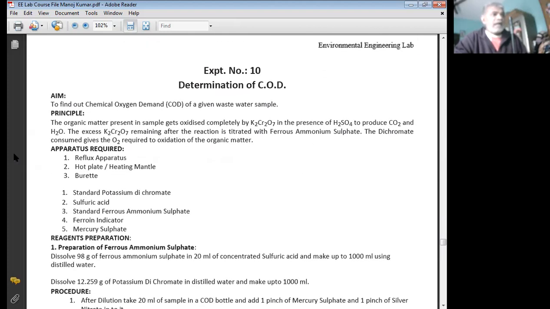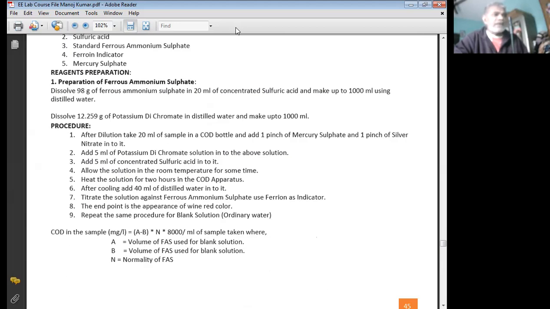Determination of COD. Apparatus required: reflux apparatus, hot plate, heating mantle, burette, standard potassium dichromate, sulfuric acid, standard ferrous ammonium sulfate, ferroin indicator, mercury sulfate.